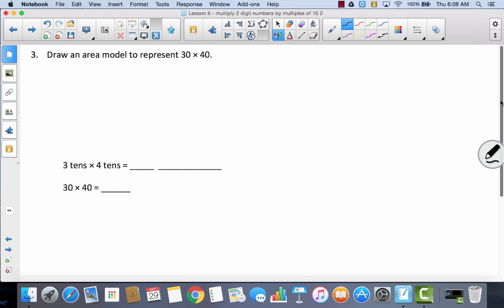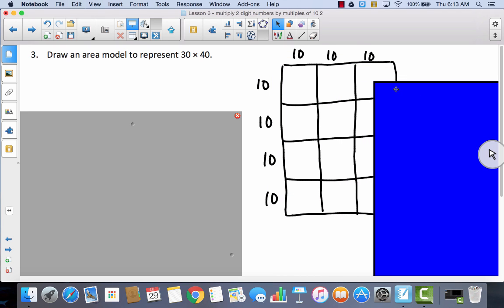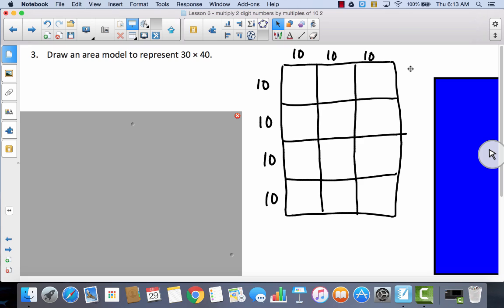All right, let's take a look at number 3. This time, I'd like for you to try to draw an area model to represent 30 times 40, and then let's come back and see how you do. Okay, so when I got ready to draw my area model, I thought to myself, well, 30 is 3 tens and 40 is 4 tens. So I drew my rectangle, and then I divided it into 3 tens going across the top and 4 tens going down the side.